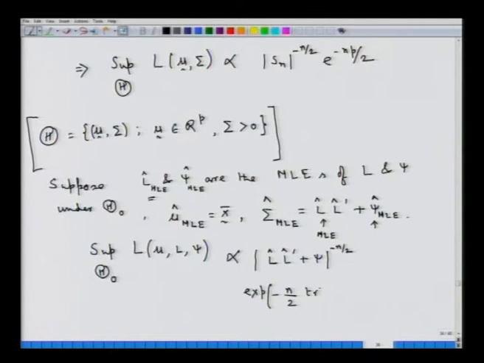However, the first term is going to be the trace of L hat transpose plus psi hat, this is sigma. So, the trace of sigma inverse is this times that.